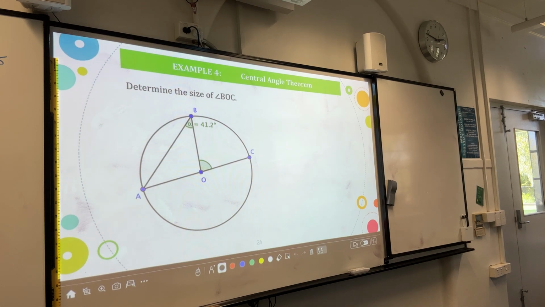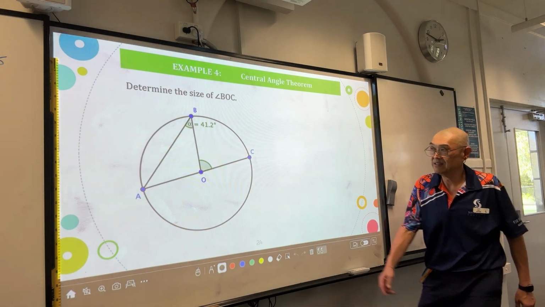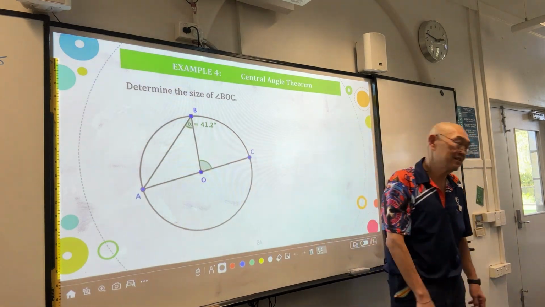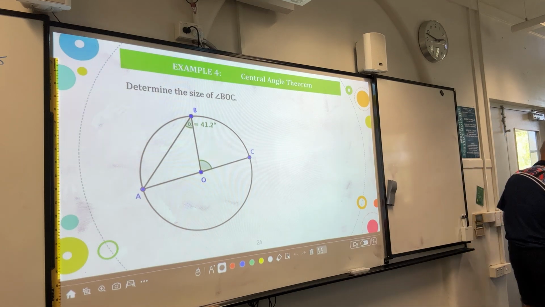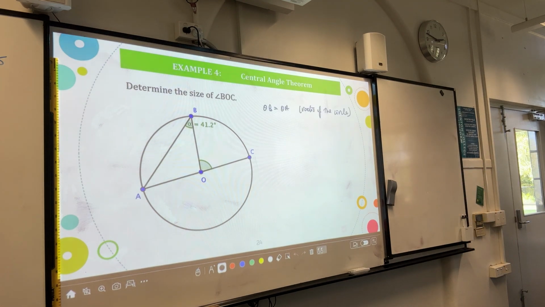Alright, this one you need to make use of the idea of the radius. Alright? So you know that OB equals OA, the radius of the circle, and OAB is therefore an isosceles triangle. So OBA equals OAB equals 41 degrees, base angles of an isosceles triangle, and therefore you can work that out.